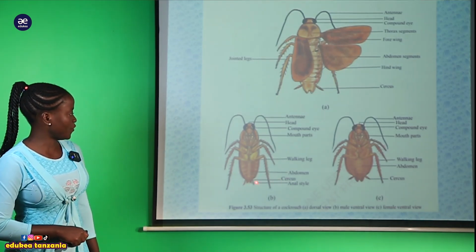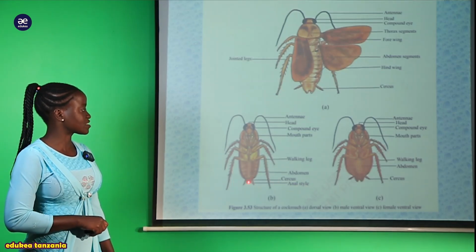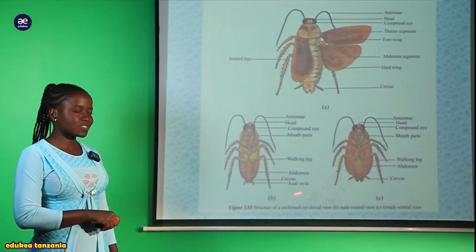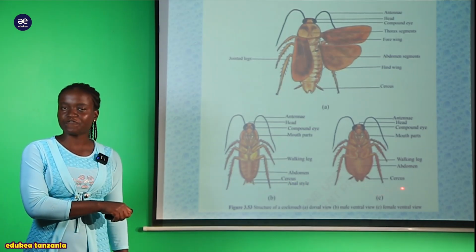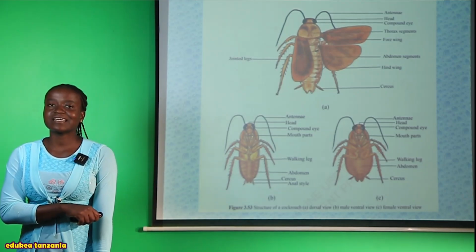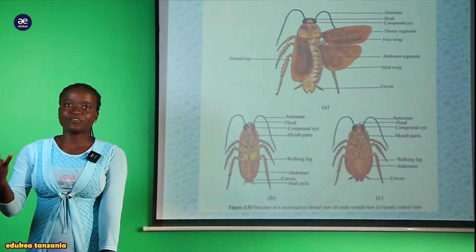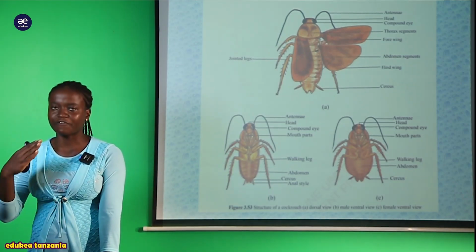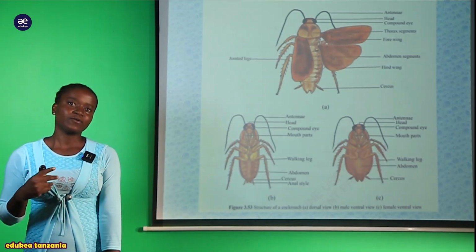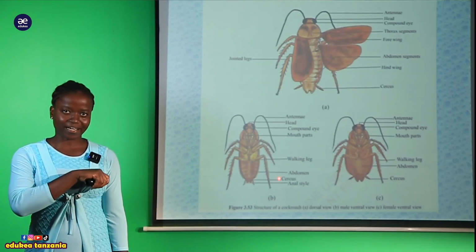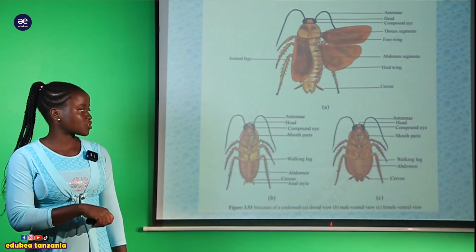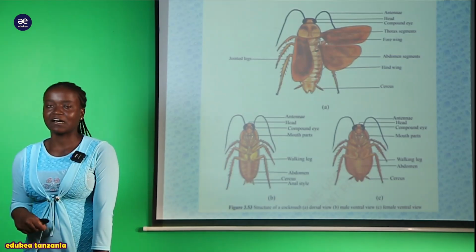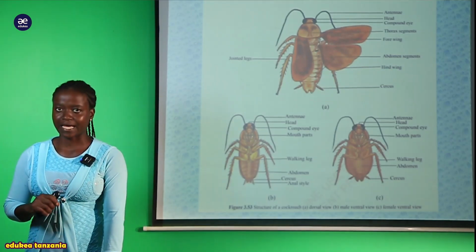But ukiangalia huyu organism anakuwa na anal style. But this organism, mainly female cockroach, they lack anal style. We're going later on to discuss the function of this style on the male cockroach. Inakuwa na kazi gani, lakini the function of the pedicle plate within the female inakuwa na kazi gani.